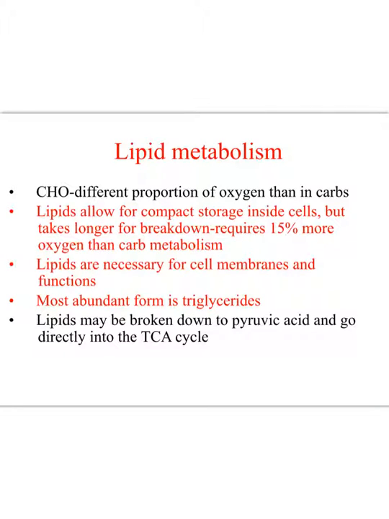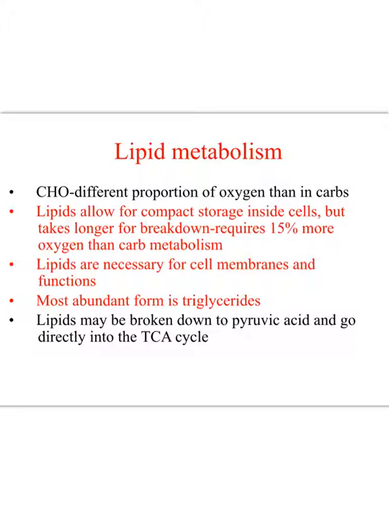So as you've just seen, carbohydrates and lipids are absorbed differently from the intestinal tract, but they're also metabolized differently after they've been absorbed. You still have the same chemical compounds. You've got carbon, hydrogen, and oxygen that comprise lipids, just like you do with carbohydrates, but the ratio is different.